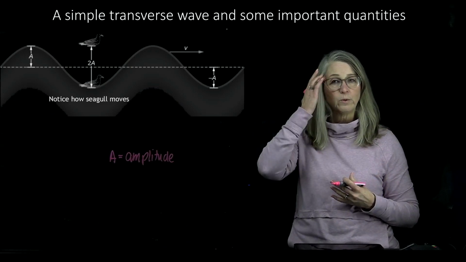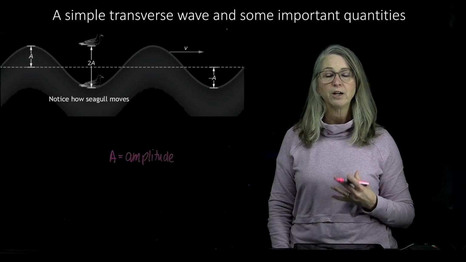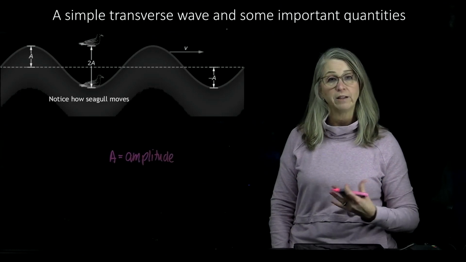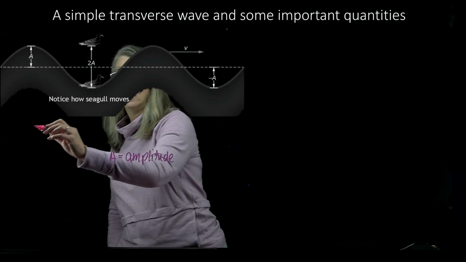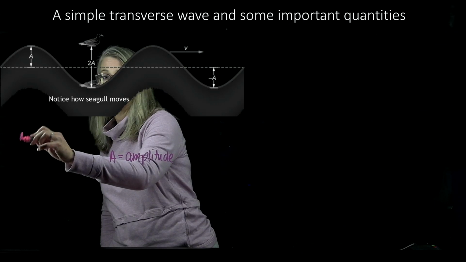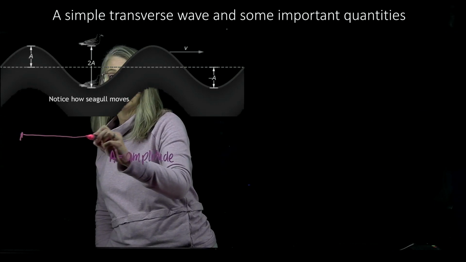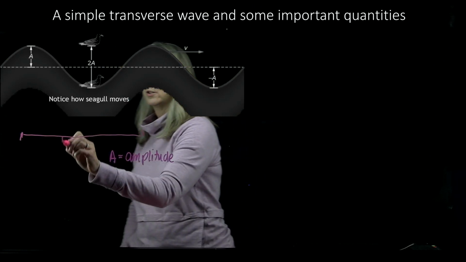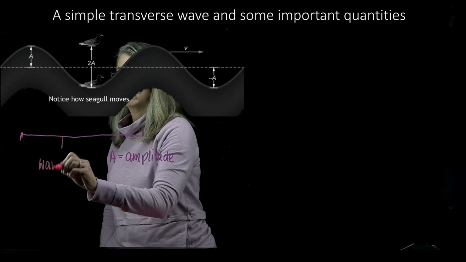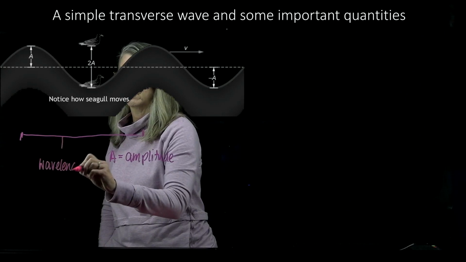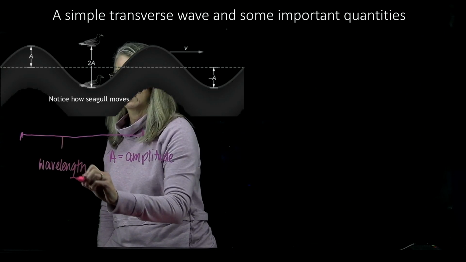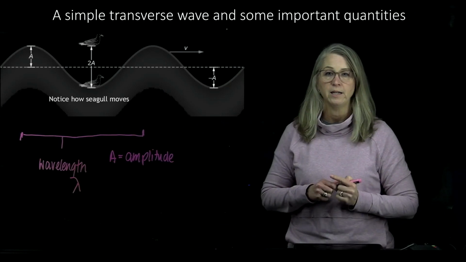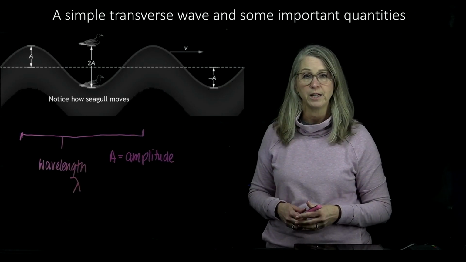Another quantity we can measure from this picture is the wavelength. If we go from this location where this peak is to where the following peak is, this represents a wavelength, which we're going to designate by the Greek letter lambda.